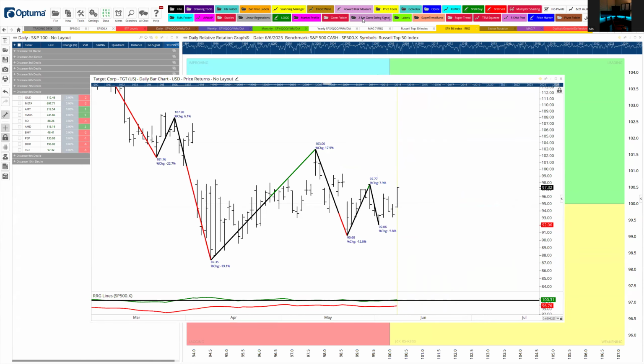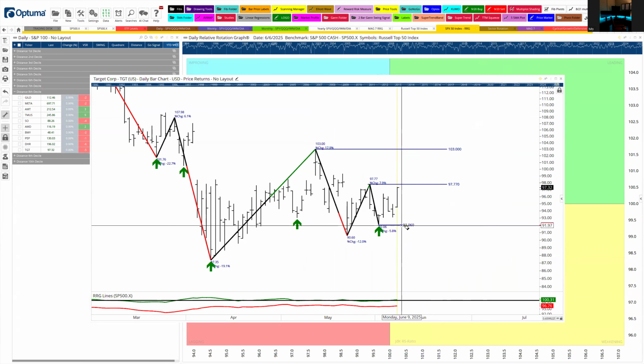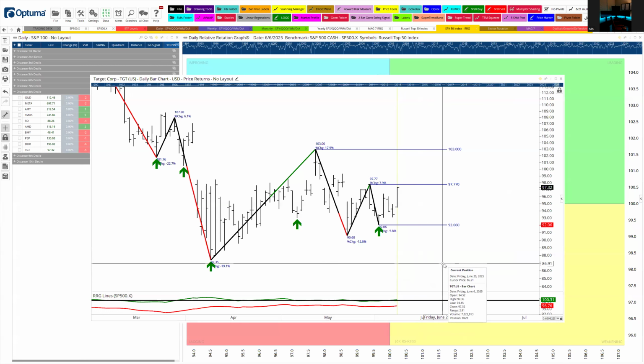Yeah, there you go. Target might be a play. See if we can break out of this swing high to Target against this. That's the trade.